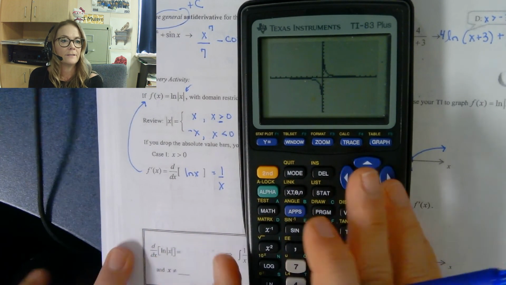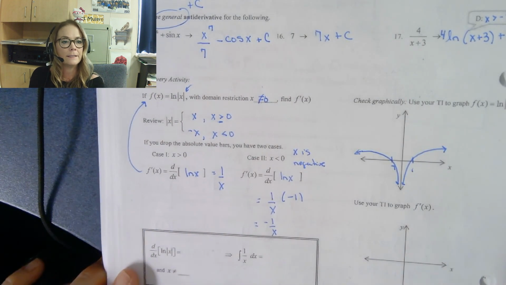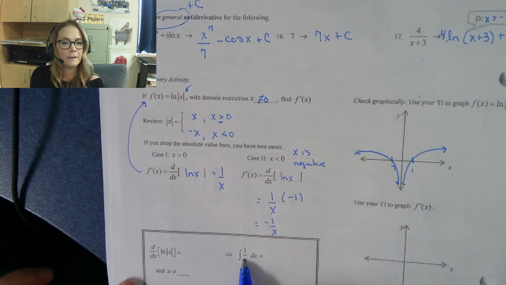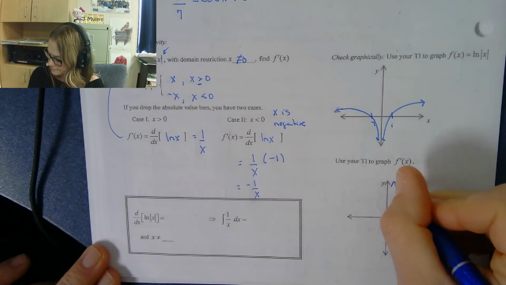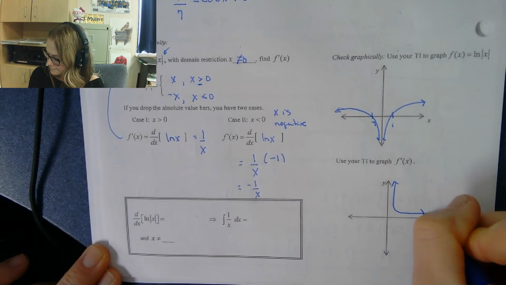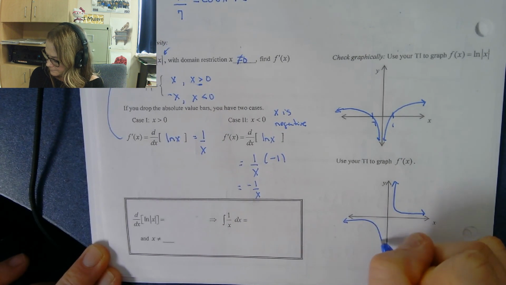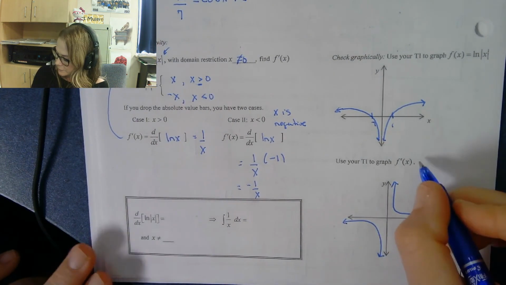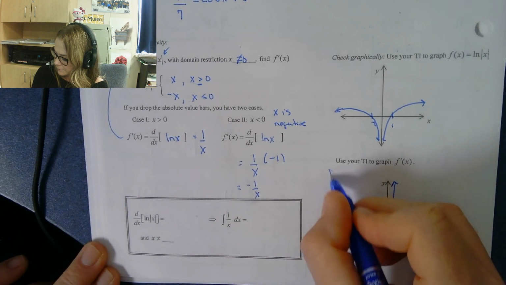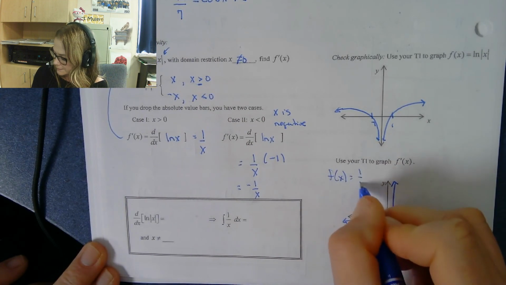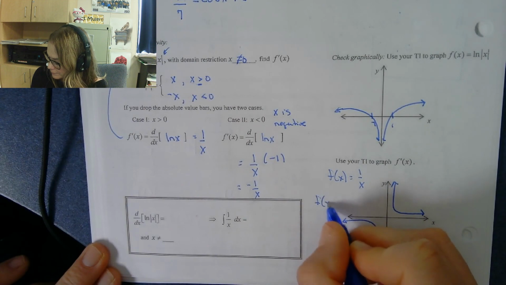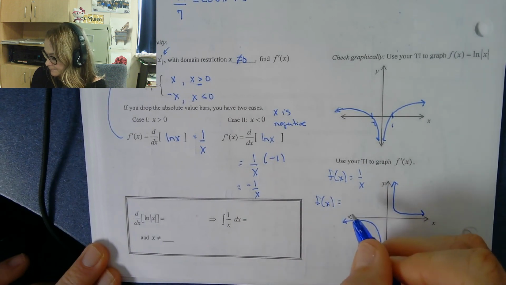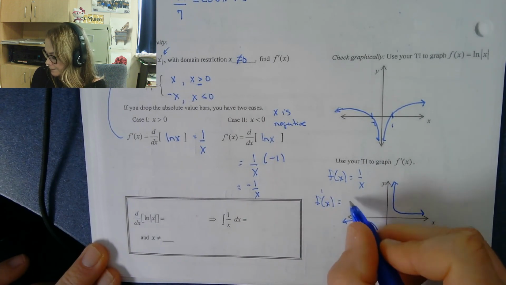So what does this have to do with anything? When you are integrating 1 over x, this is the graph of 1 over x. We all know that, hopefully. And this is also the graph of the derivative of ln of the absolute value of x.